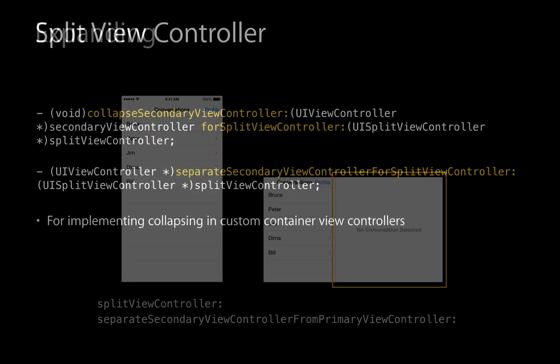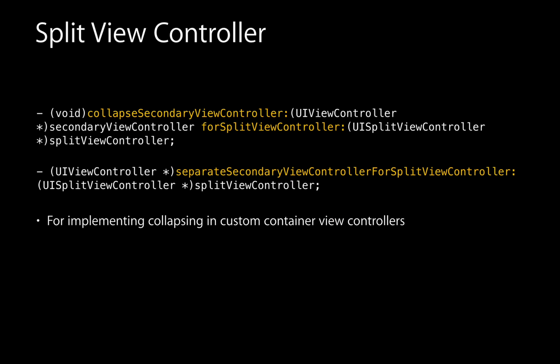Now, I've just been telling you that split view controller is doing all of these merging and unmerging of the secondary view controller automatically, and that's not entirely true. The primary view controller itself is actually helping to do this merging and unmerging, and it's doing this using these two methods on UIViewController: collapse secondary view controller for split view controller, and separate secondary view controller for split view controller.